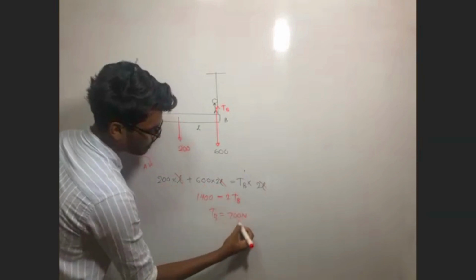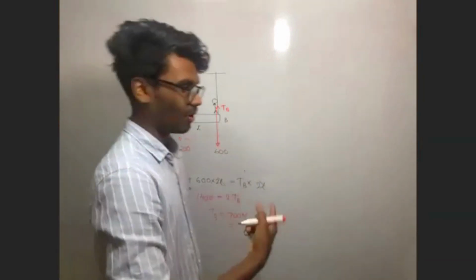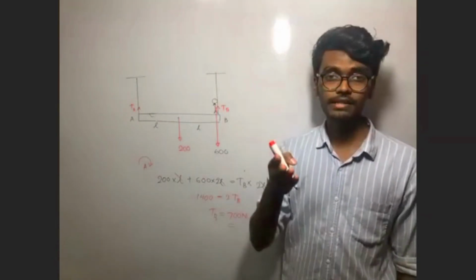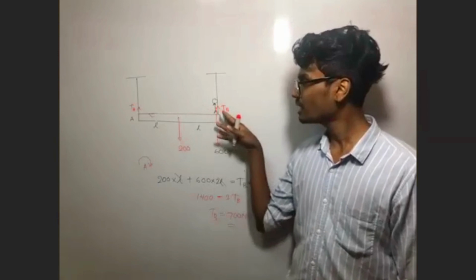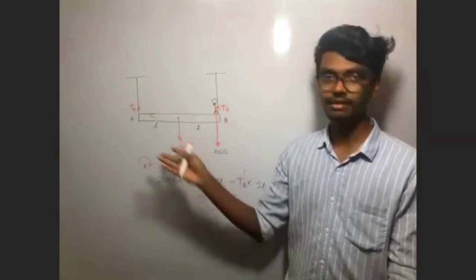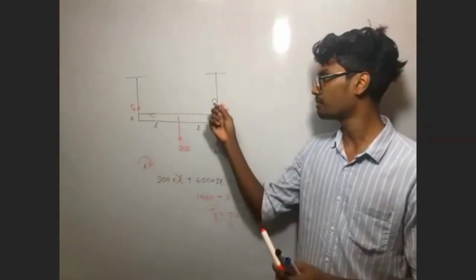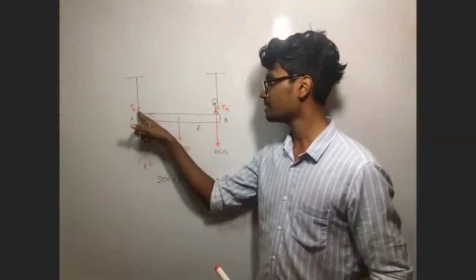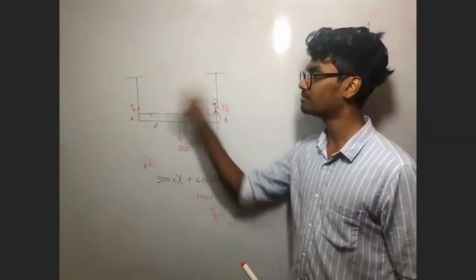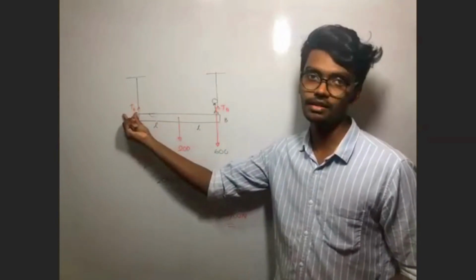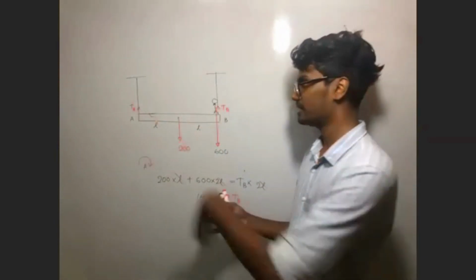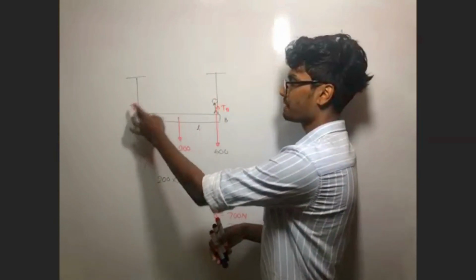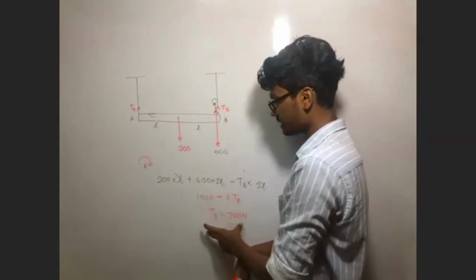So TB is 700 newtons, right? So actually, although I mark these as TA and TB, we need to understand well that both are going to have the same tension, symmetric. If you apply a symmetric moment, it's again 700.